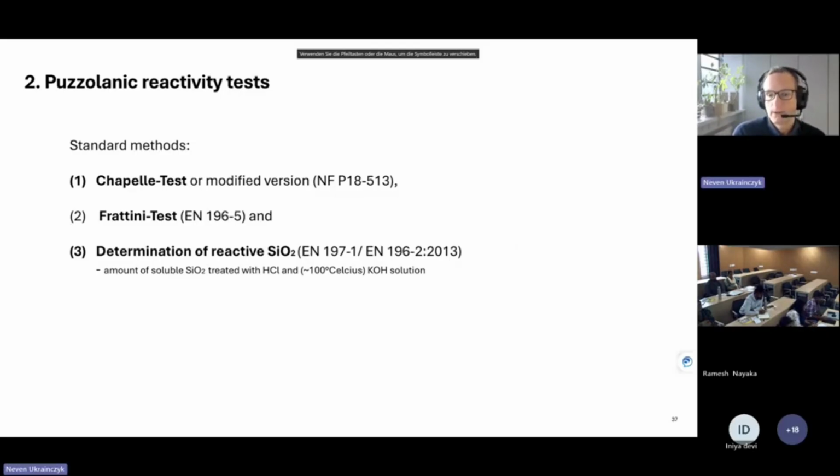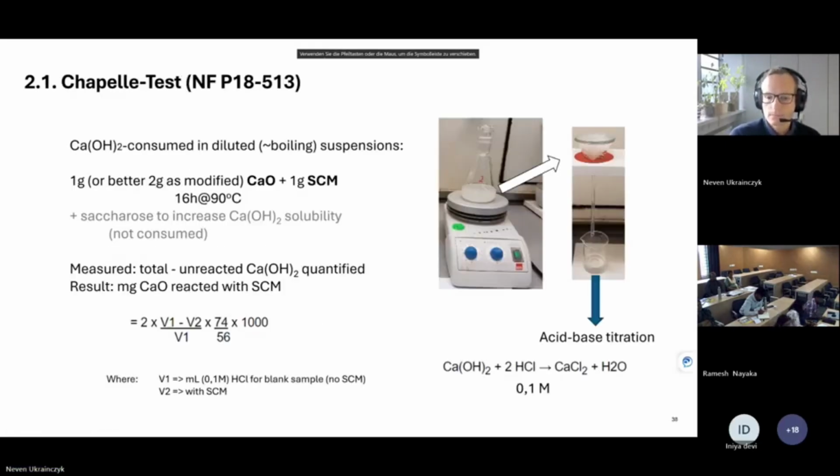This is, you know, you are measuring soluble silicates by HCl and KOH solution. This is also a European norm. Probably there are other norms, but I only mentioned the European norms here. So now I go one by one explaining.